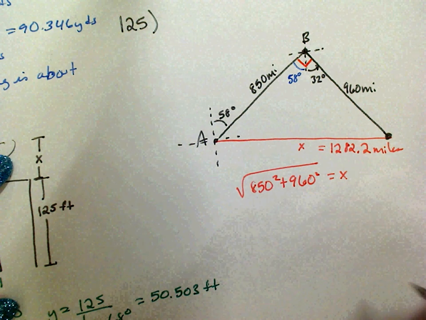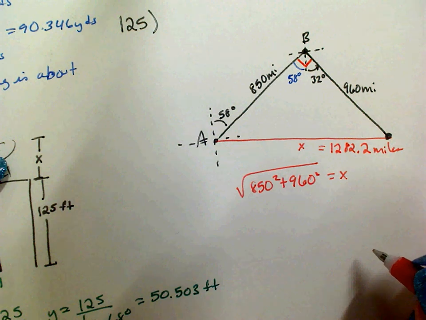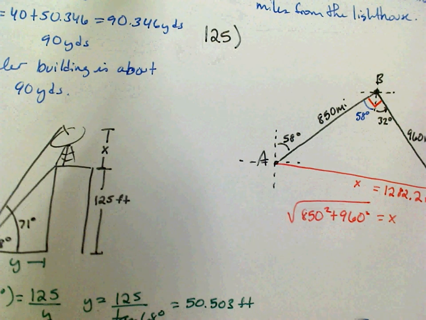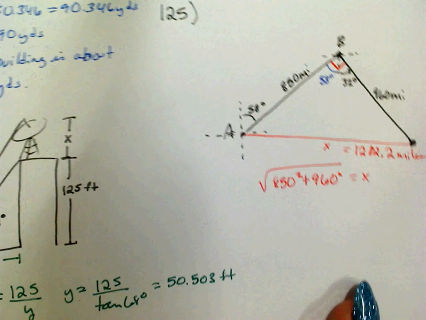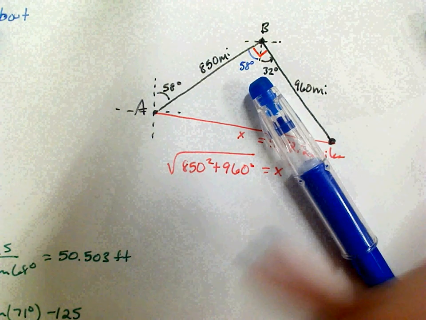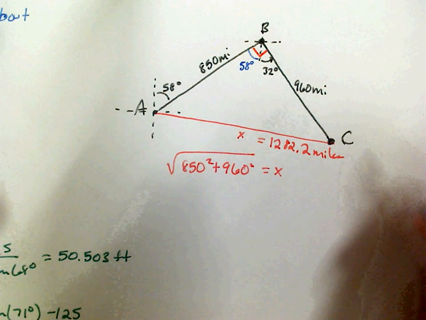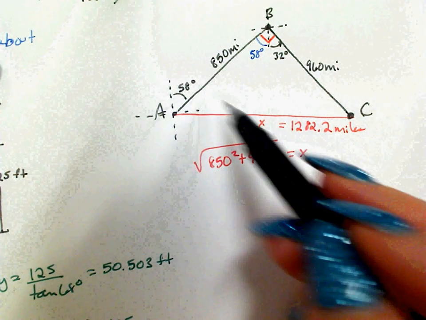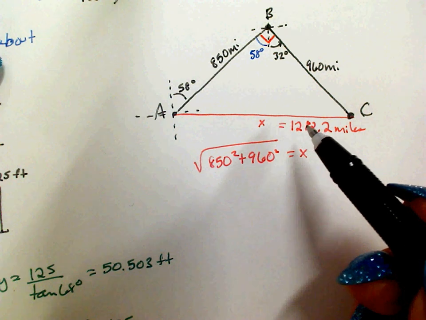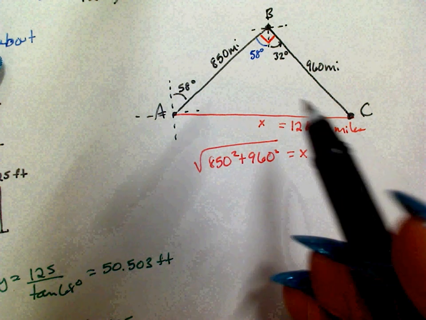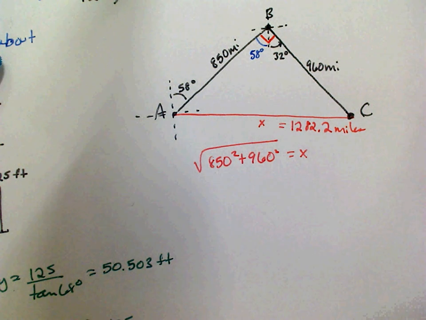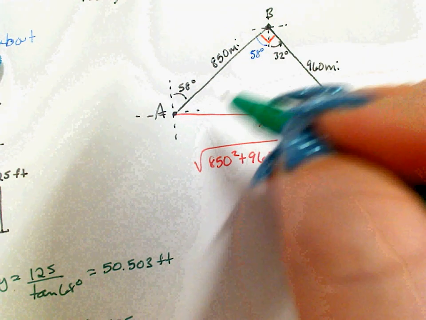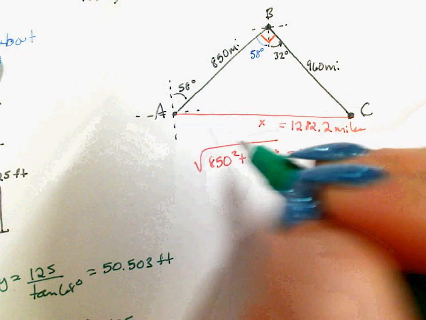Okay, and it says what is the bearing from city A to city C? So from city A to city C, I believe that I'm going to have to go south. If I'm wrong, then I'll have to adjust my image a little bit. But here's what I know. If the bearing is south, then it's south this many degrees east, right?